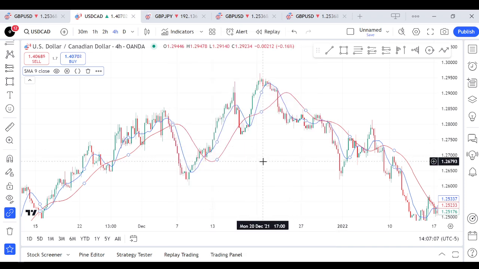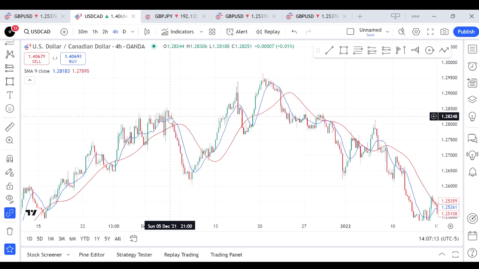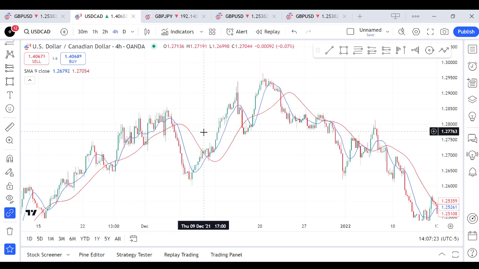Okay. Now, like I said, when using moving averages, traders often watch for the 9-period, which is the blue line, to cross below the 21-period moving average, which is the red line. And this initial crossover serves as an early warning system, alerting you to potential selling opportunities.